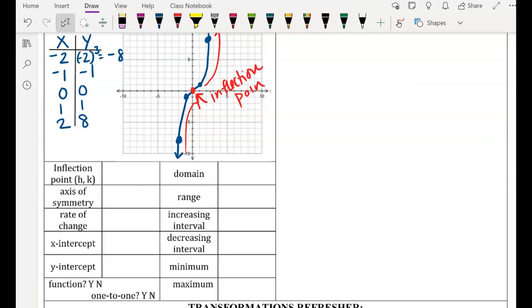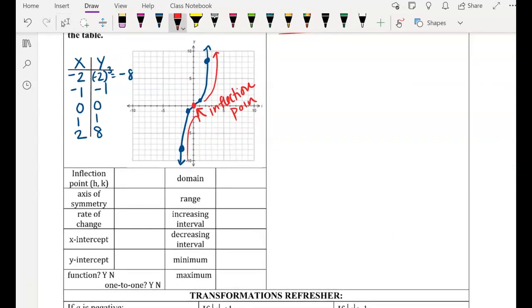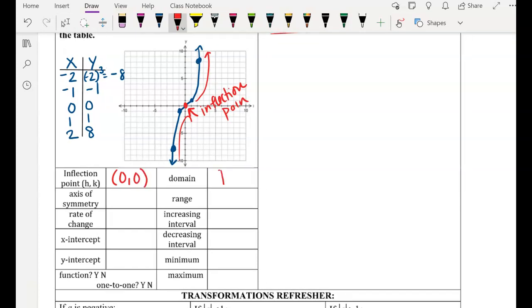We are going to fill out the chart just like your quadratic. H comma K, since this is the parent, is staying at 0. Your domain is going to be all real numbers. If you like to write it in interval notation, that is also acceptable. We do not have an axis of symmetry here.